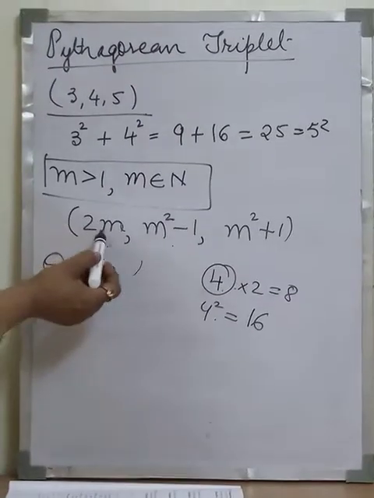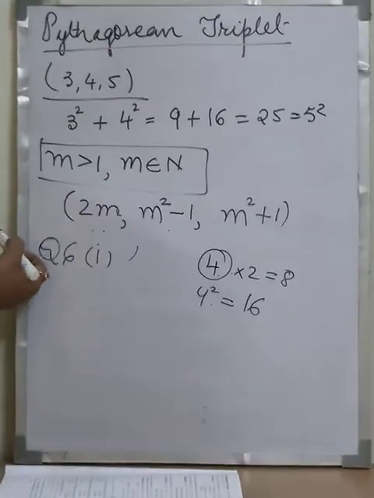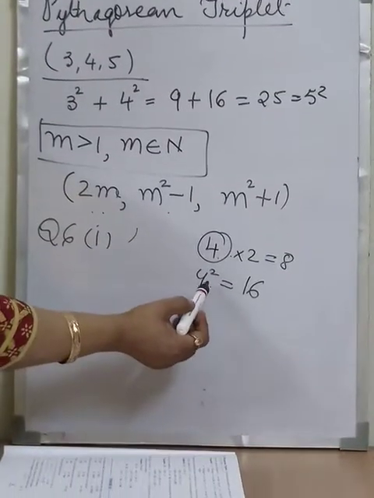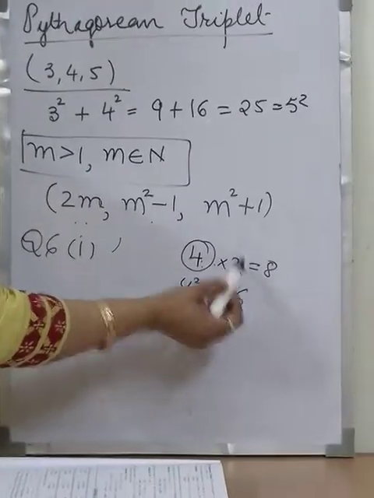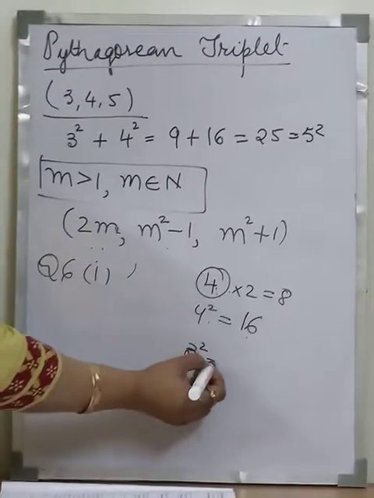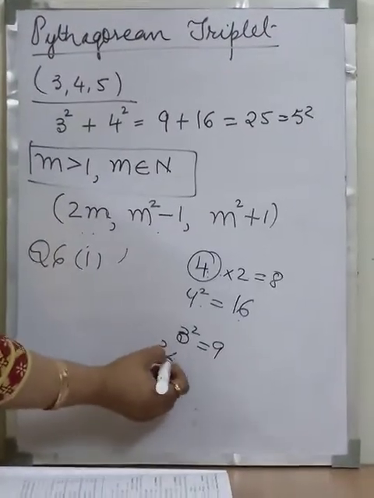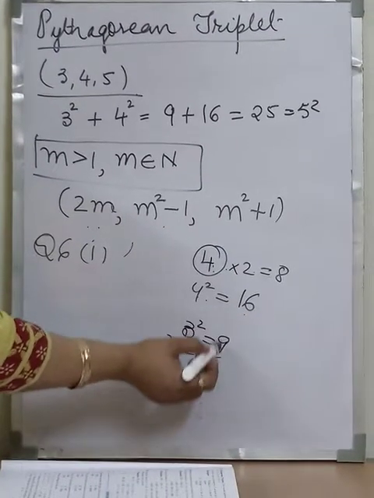If I ask which is smaller among all these three, 2m is the smallest. Why am I making sure? Because remember, the square of any number is always greater than its double. Let's see with 3. The square of 3 is 9 and twice 3 is 6. The square of any number is greater than its double.